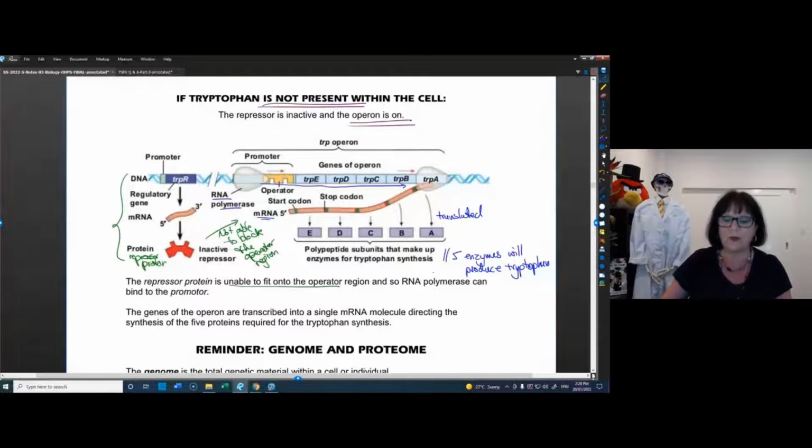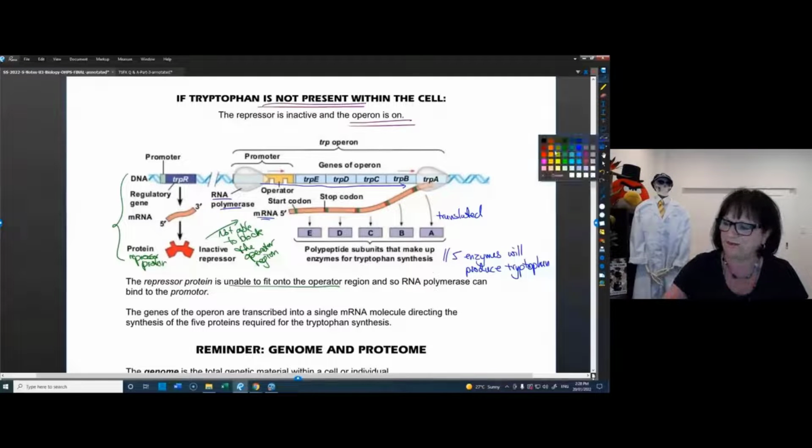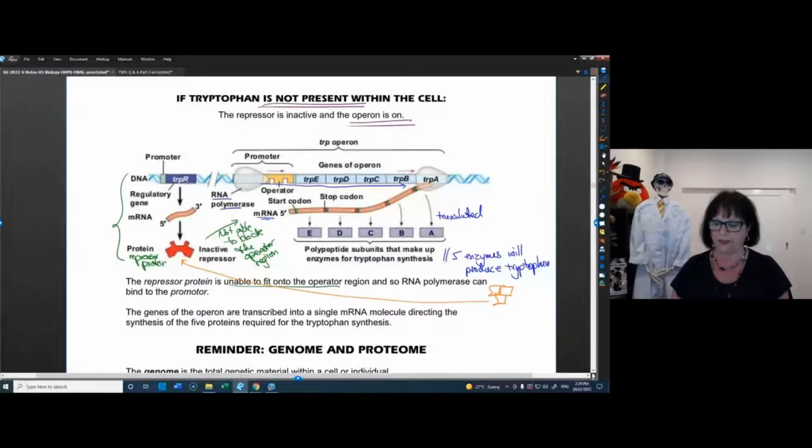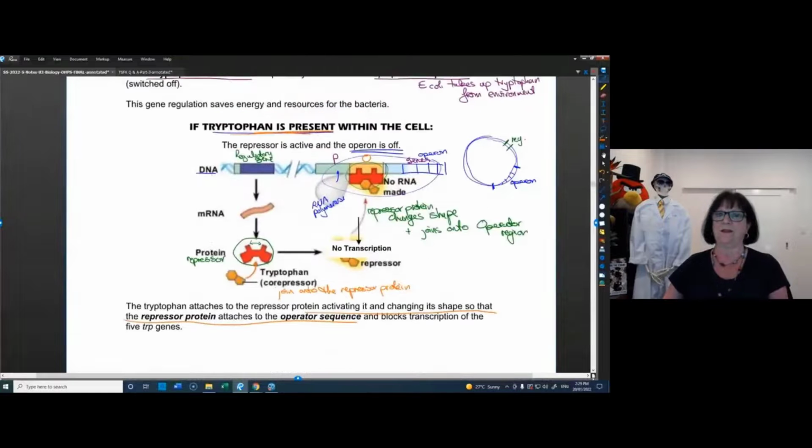An ingenious way of saving energy, saving resources, doing this turn on, turn off as the bacteria needs tryptophan. And as you can imagine, as tryptophan is being made, when there's more than enough made, it will then join onto the repressor protein and the operon will turn off.